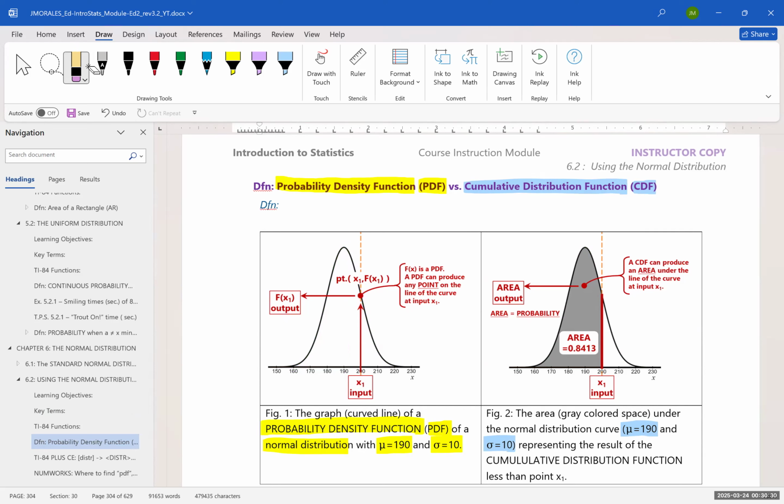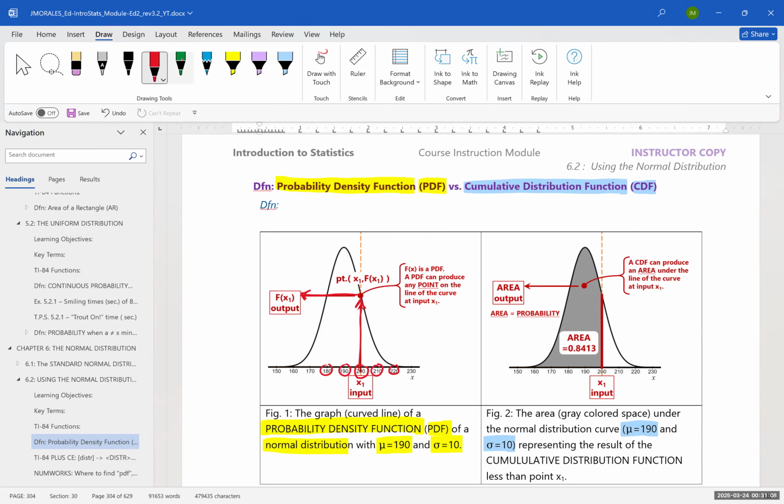All right, so what's the difference? Well, the difference is that the probability density function is a function that when you put in a value of x, so some number on the horizontal axis, if I put in 200 even, the probability density function will end up giving me a value of y out.